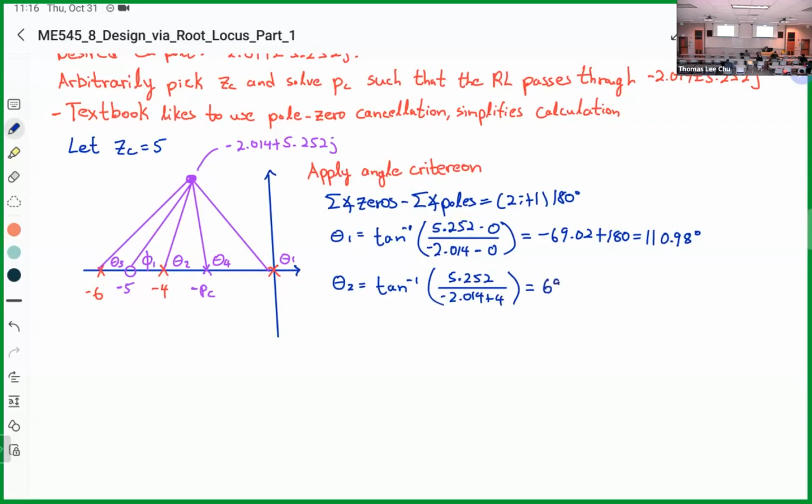So it's going to be 69.29 degrees. Theta 3. So 5.252 divided by negative 2.014 minus 6. So that's going to be plus 6. That's going to be equal to 52.8 degrees.